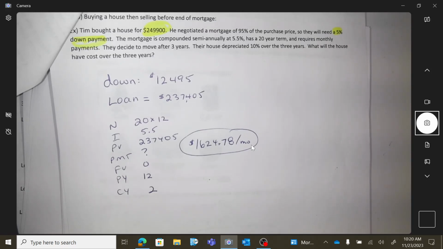Okay, we're gonna live in this house for 3 years and then we're gonna sell it and then we're gonna move. Okay? You ready?